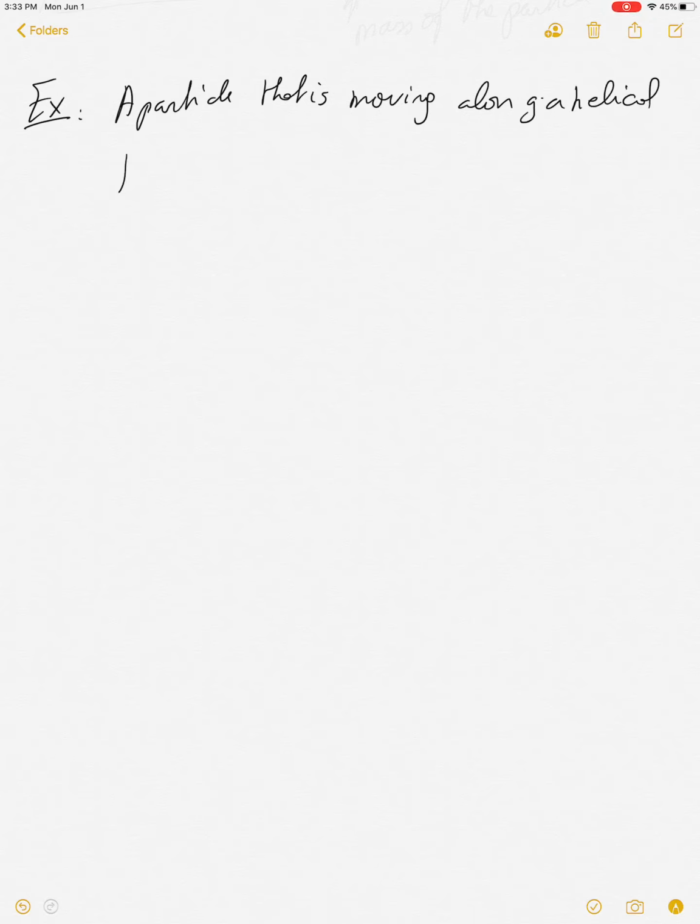Well, let's do some examples now. Example: I have a particle that is moving along a helical path r of t equals cosine t i plus sine t j plus t k.